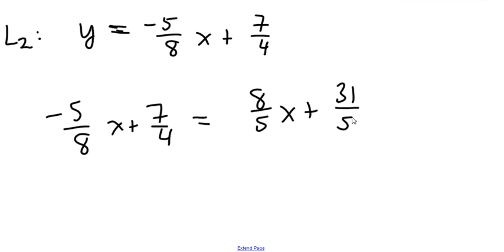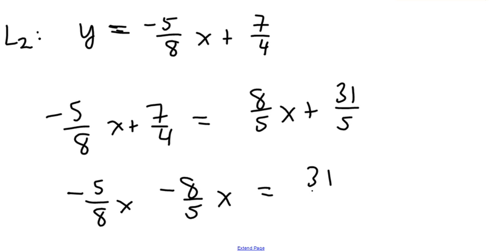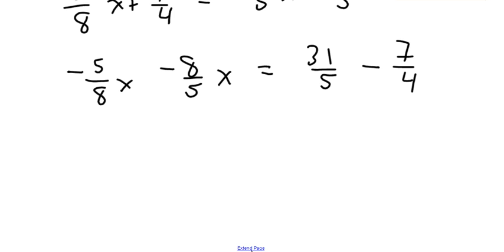So collecting like terms, I'm going to move both of my x's to the same side. So negative 5 over 8x minus 8 over 5x. And I'm going to move all the non-x terms to the same side. And now I have some fraction stuff to do. Isn't it nice that we have buttons on our calculator for this?